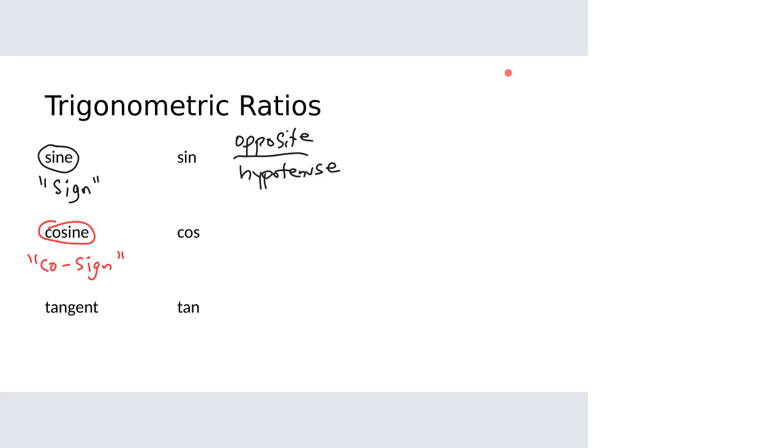And then the cosine, you might have guessed, is going to be the length of the side that is adjacent to that angle divided by the hypotenuse. And then finally, we have the tangent of an angle, which is opposite over adjacent.